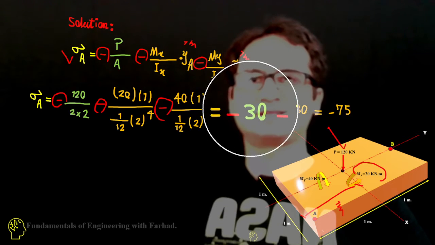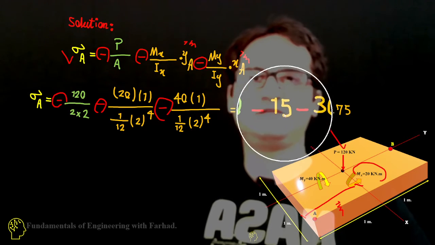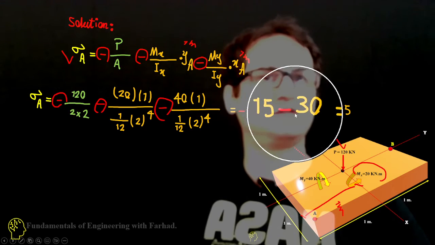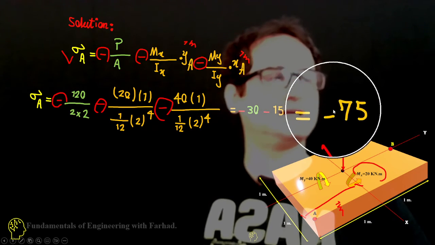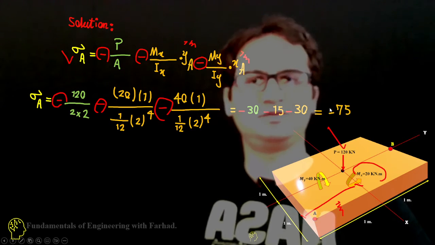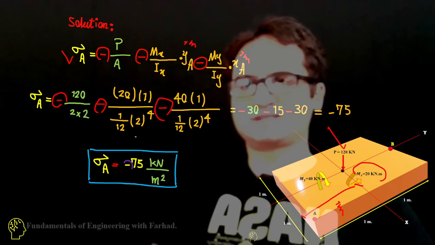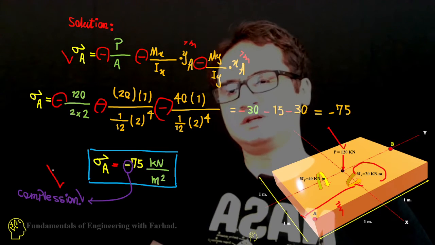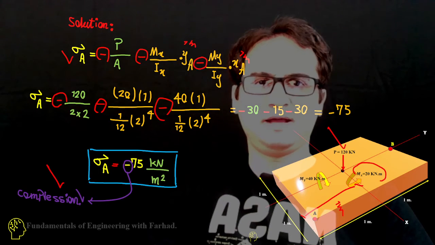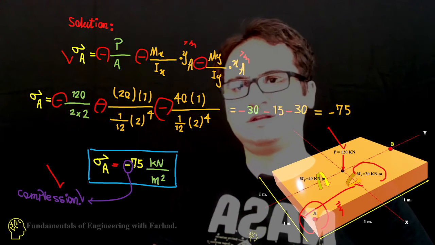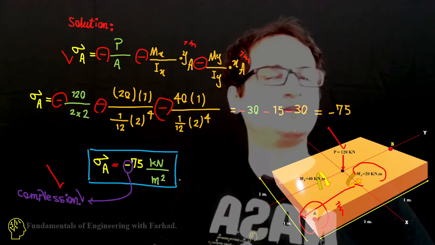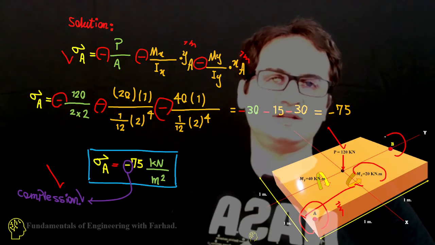That gives us negative 30, negative 15, and an additional negative 30. If you add them up, that's negative 75 kilonewton per meter squared. So sigma A is a compression stress at point A, equal to 75 kilonewton per meter squared.